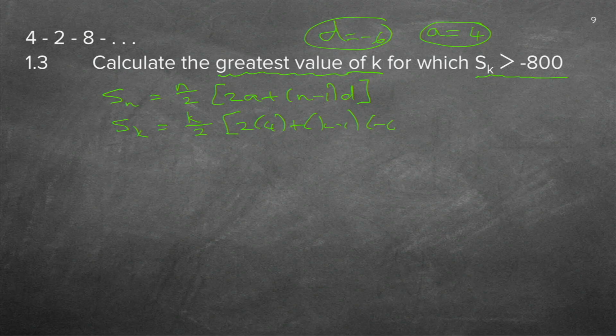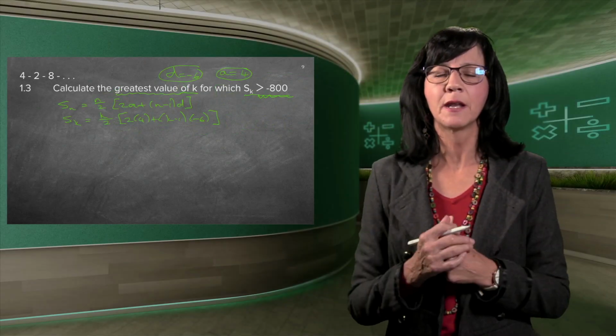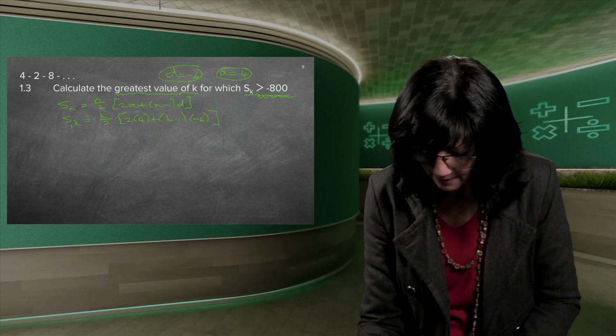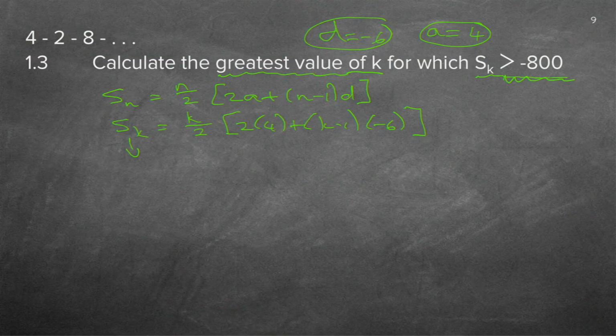Now, in this case, look what they gave me. They told me that this sum of k must be greater than minus 800. Please don't ever fill it in here and then just think you're going to use the same greater than or smaller than sign. Always keep it in the order that they gave it to you. So I'm going to ignore this part now, this part was just the name of my formula.